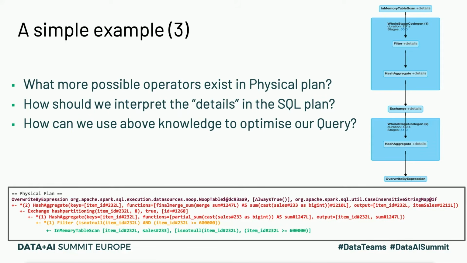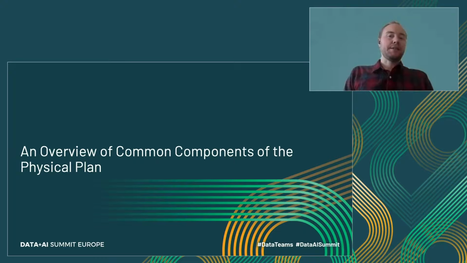Stefan and I will also go a bit more into detail in how to use these details to potentially optimize your query more. Finally, once we have all this knowledge, once we have given you this brief overview of all the operators and all the metrics that you can analyze using this SQL tab, I will go over a couple of scenarios that use the above knowledge to optimize some example SQL queries.